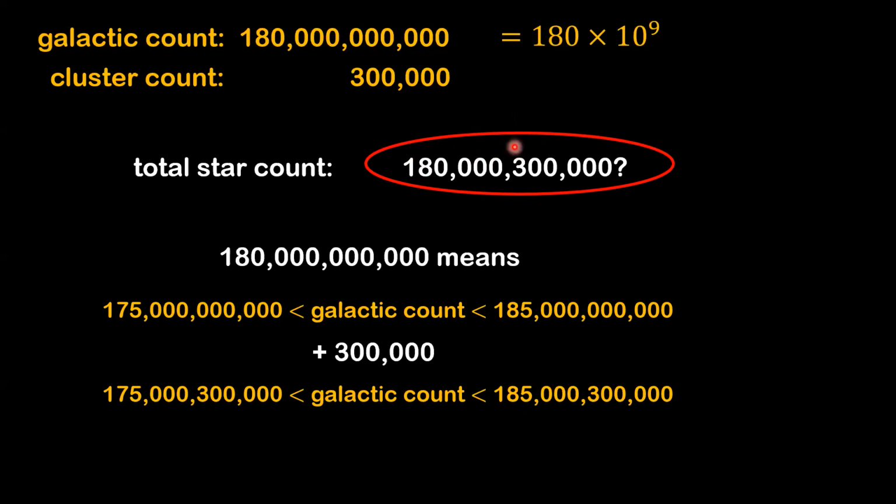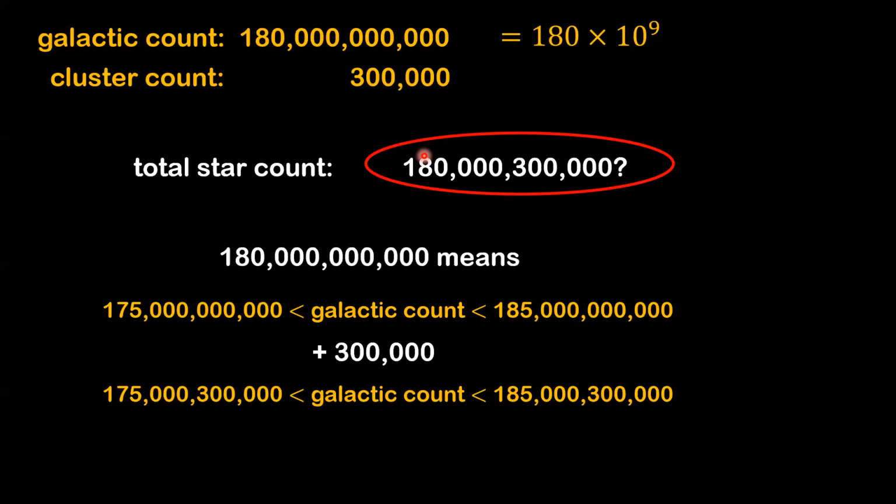The way this number is written suggests that it has 7 significant digits. But obviously, these digits are not really significant because we don't even know this digit, right? The total number of stars in the galaxy plus the cluster could actually be this number, where there's a 7 here, not an 8.